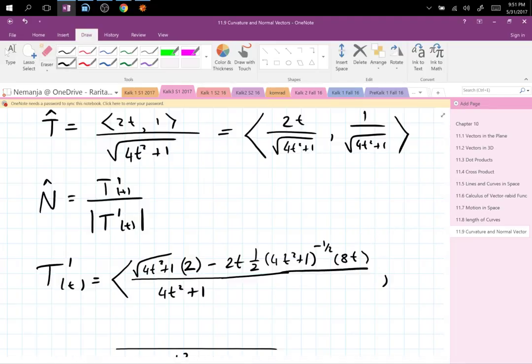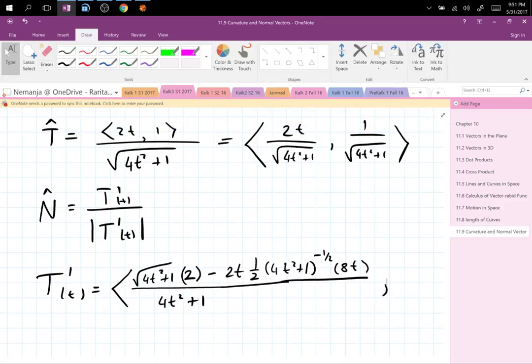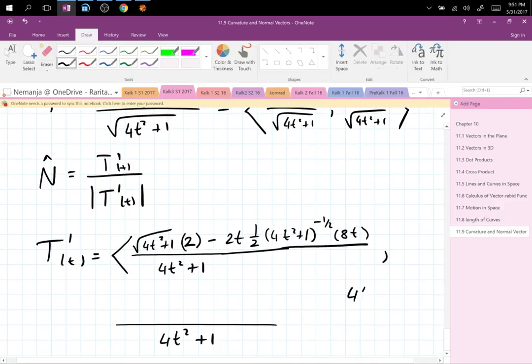All right, so the one on top is 4t squared plus 1 to the negative 1/2. So I'm just going to take that derivative real quick. It's going to be like this, cubed.